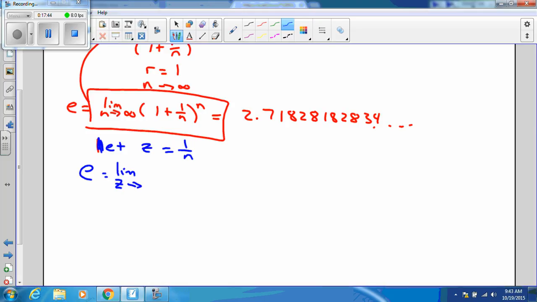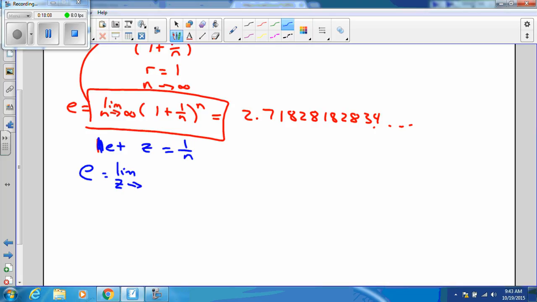Why isn't it then? That's true. But it's going to 0 at the same time that that's going to infinity. So there's now a race between the two. There's a race as 1 over n heads towards 0 but is not 0. And the exponent goes towards infinity but of course is not infinity.